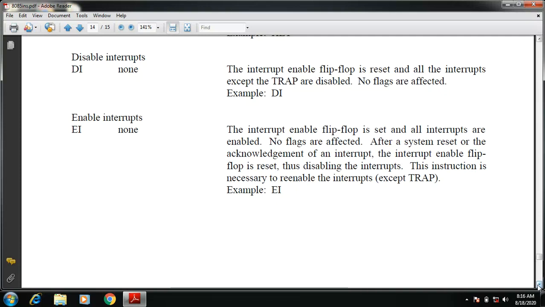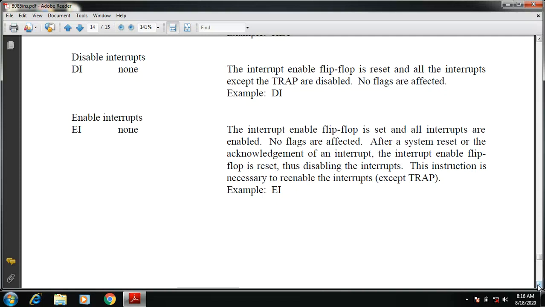That is RST 5.5, 6.5, 7.5 are disabled. Only the interrupt TRAP remains.